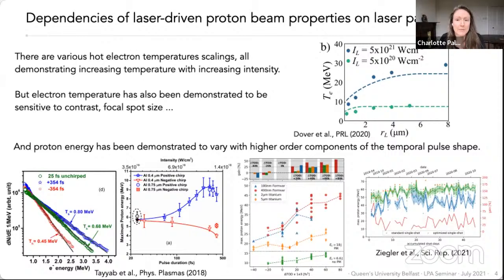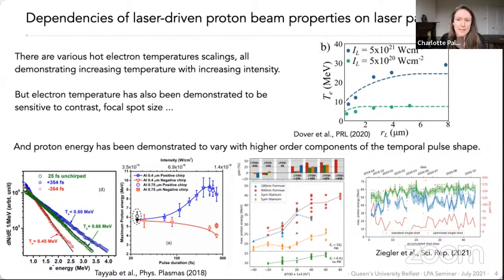Similarly, there have been several studies recently that explore the effect of tweaking the laser temporal profile and the distribution of frequencies within the laser pulse. So these adjustments away from best compression and highest intensity have also shown a significant effect on the maximum proton energy, which is still not fully understood, but it's really interesting work. So I would point you towards these papers.